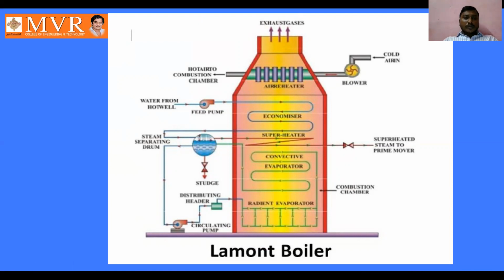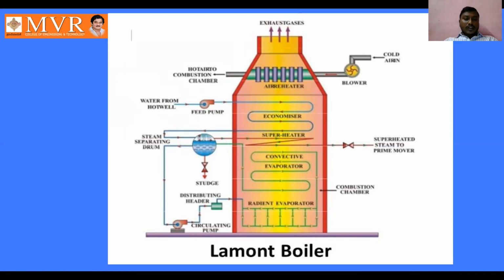From the hot well, water is fed to the economizer, where heat transfer takes place and it enters the steam separating drum, where the steam and water are separated. From here it enters the convective evaporator, and the feed water coming from the economizer enters the circulating pump.